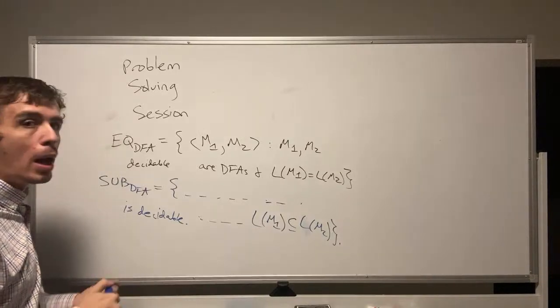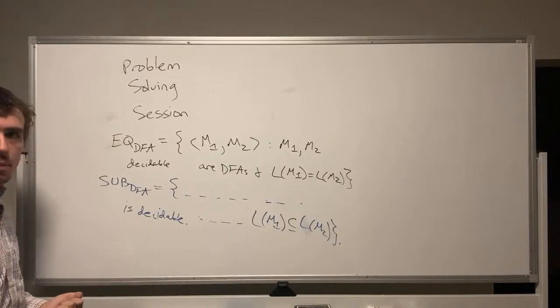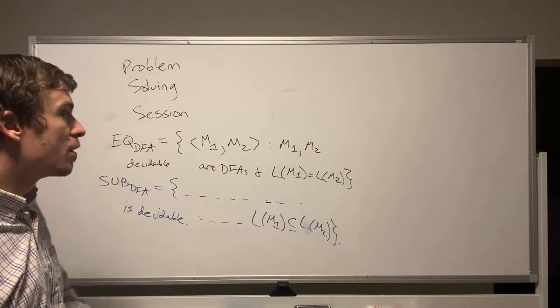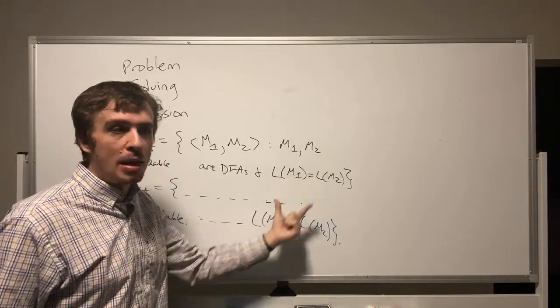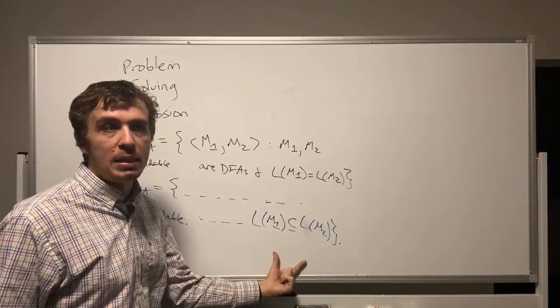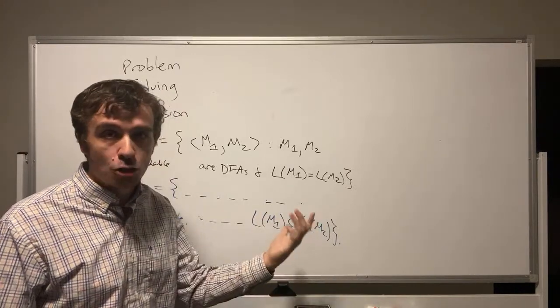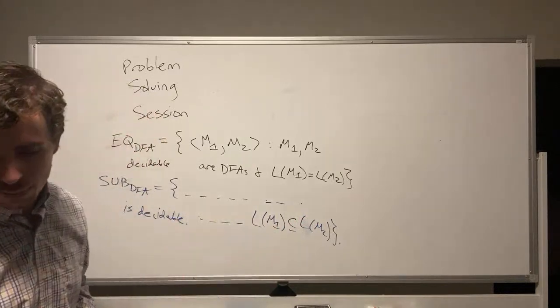So try to think why this one is also decidable. Because it's not always the case that if you have a constrained version of the problem that's decidable, the general problem is decidable too. It might actually be undecidable, but in this case, it happens to be decidable.